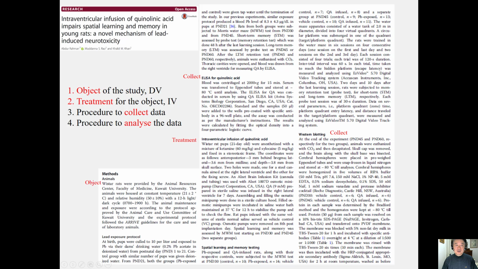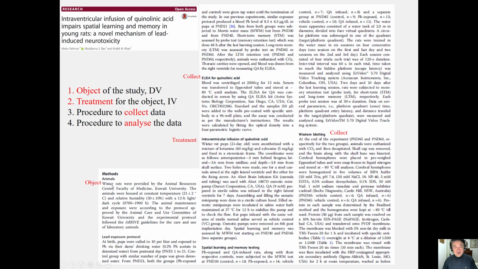So what would be the object? The object here is rodents, like rats. Those are the objects they used to carry out this project. Therefore, this is a preclinical study. So first, they have to mention the animals they used in this study.